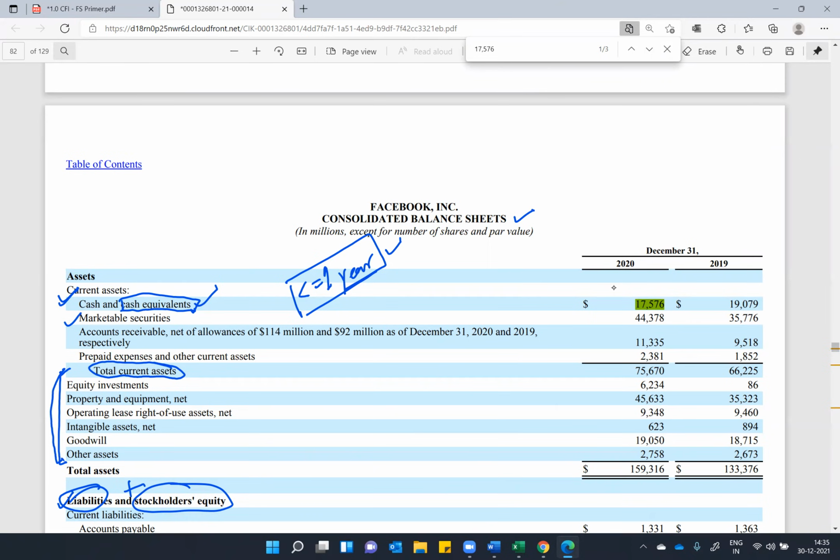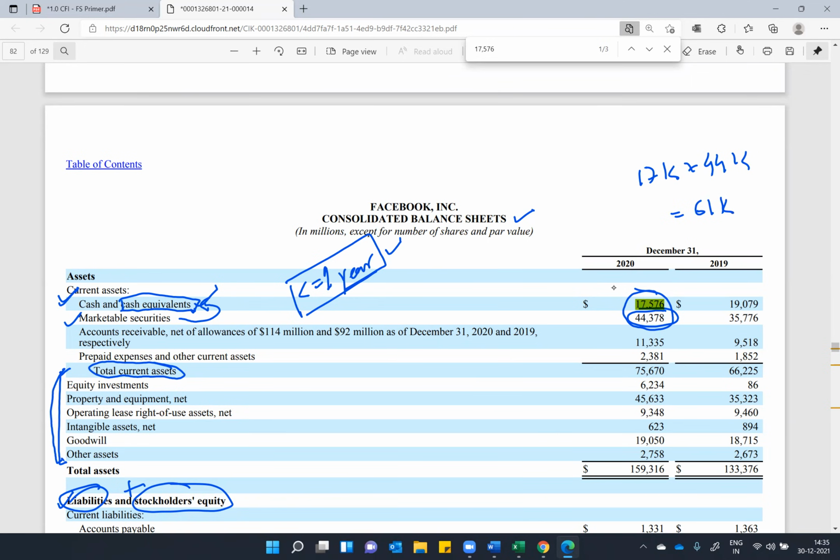Marketable securities is also a sort of cash and cash equivalent only. This is also a short-term investment that you have done in various types of short-term securities. So generally, if someone asks me what is the total cash in case of Facebook, I would rather add both the line items, which is 17K plus 44K, which will give me, I think, 67, right?